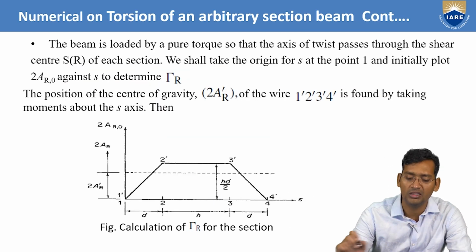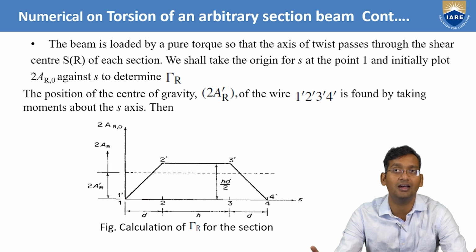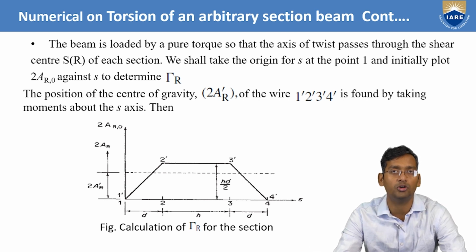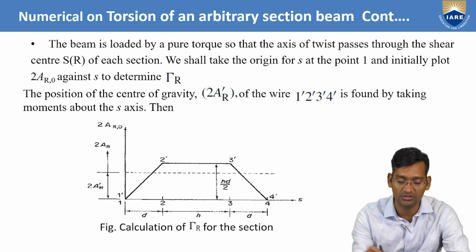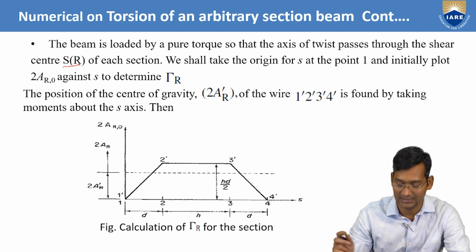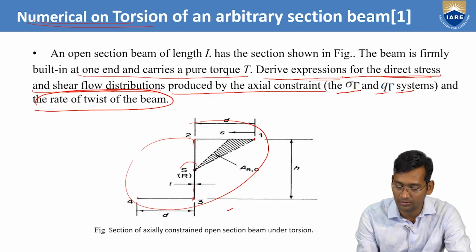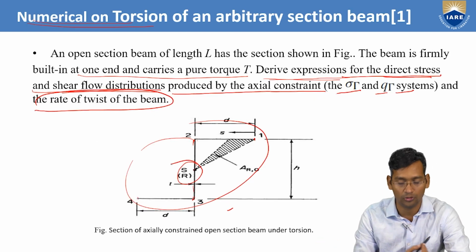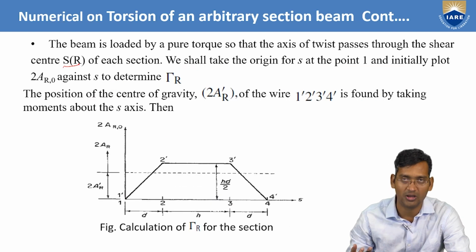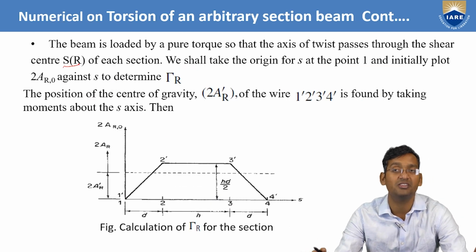Let's see how. The beam is loaded by a pure torque so that the axis of twist passes through the shear center. Then only no other torsion will be there. If it won't pass, then some other torsion will also be there. So this is the shear center, and the axis should pass through the shear center only. We shall take the origin for s at point 1 and initially plot 2AR naught against s to determine tR.